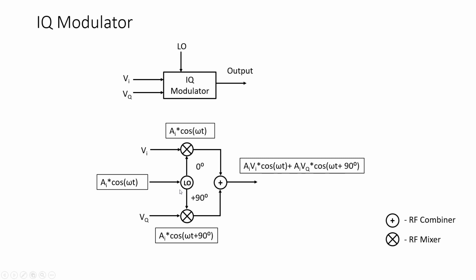The other part is 90-degree phase shifted and goes as quadrature component to this RF mixer, and both are multiplied by VI and VQ respectively and finally combined using RF combiner to give this resultant waveform. In the next slide we will see how to visualize and solve this resultant waveform.